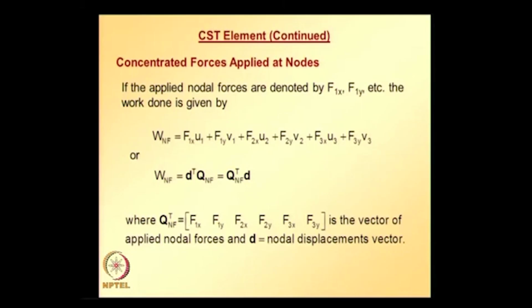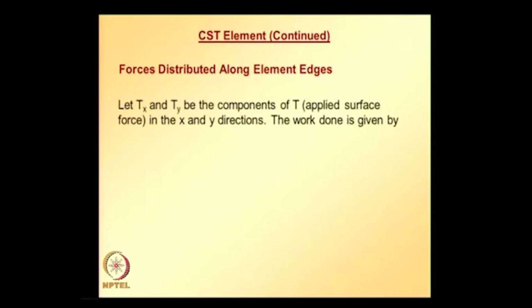But if the forces are not concentrated forces, then forces distributed along element edges need to be evaluated. Let Tx and Ty be the components of traction in x and y directions, then work done is given by, the logic is similar, force in a particular direction times displacement in the same direction.